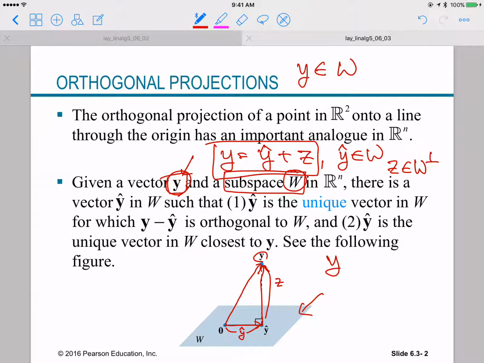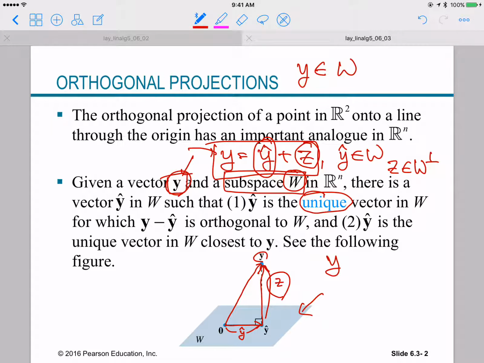Then in this chapter, it's saying that this kind of decomposition of y being equal to y hat plus z is actually unique. Unique means given a particular y and also W, then this y hat will become a unique vector. So there will be only one orthogonal projection, and also this z vector.